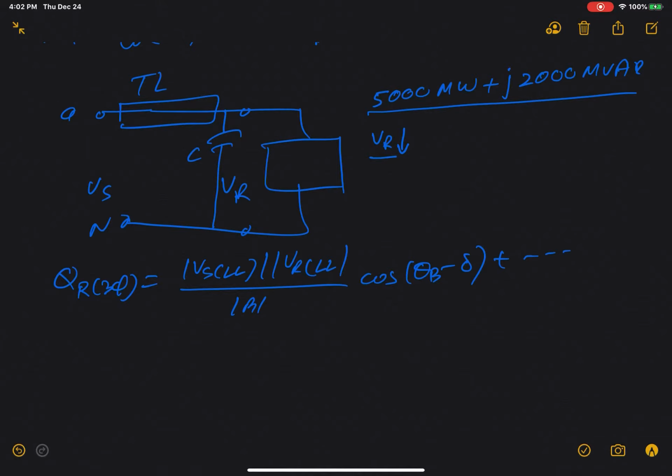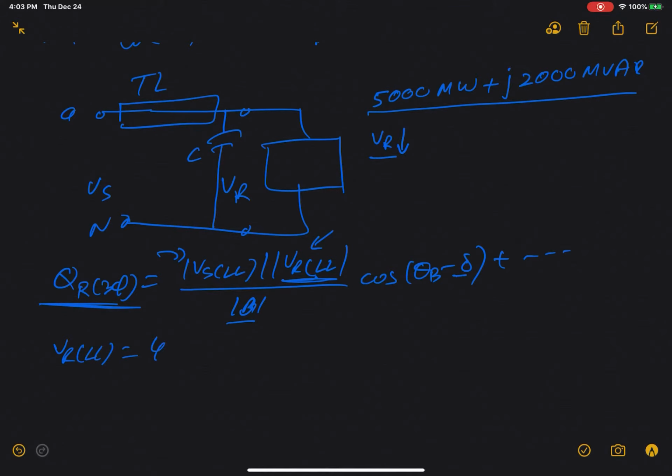I know the sending end voltage, I know what I want at the receiving end voltage, and I know the B parameter and delta. Using this equation, I can see how much I need to support my voltage at the receiving end at a certain value.